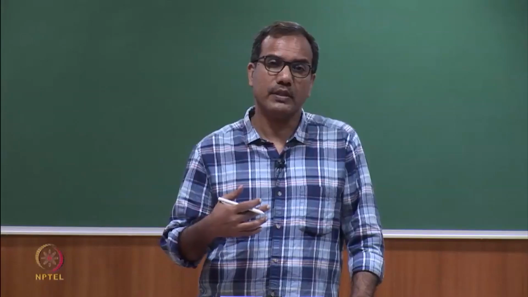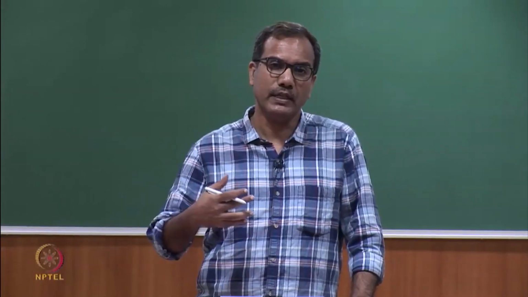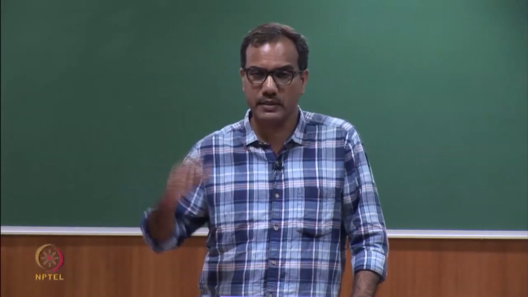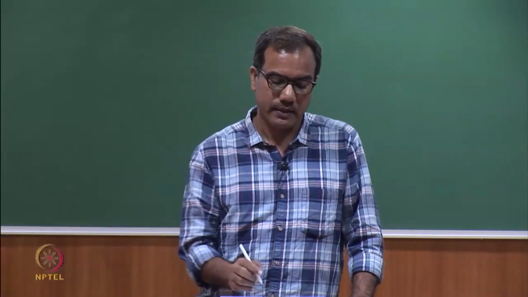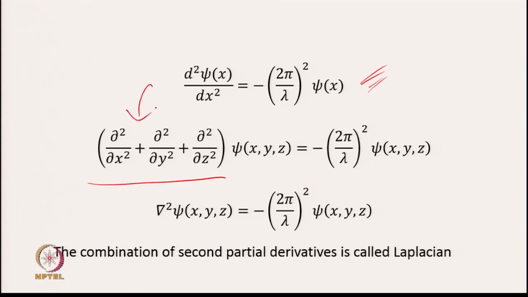But suppose the wave is moving in 3-dimensional space, then this equation can be written like this. Now the second differential will be not only with respect to x, but also with respect to y and with respect to z.